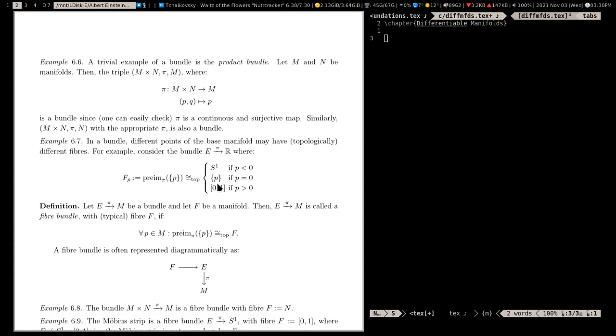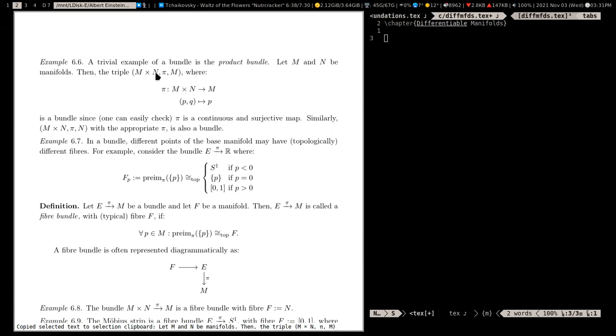There are many examples of what a bundle is. We'll also see what bundles can be like, but one of these examples is the product bundle. If we have two manifolds, you take their Cartesian product as your total space, and you have one of them, M, as the base space.